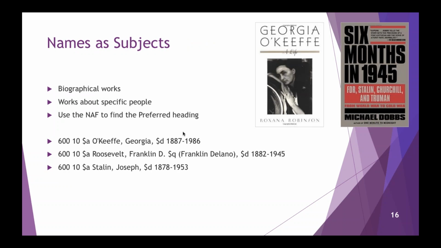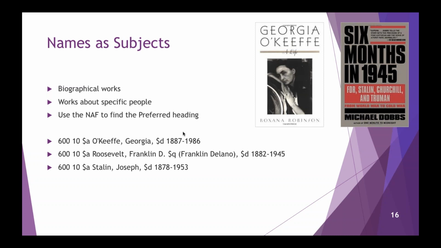So let's talk a little bit about names as subjects. So when we use a name as a subject, we've usually got a biographical work. It's not always the case. There are times where you may have a work that is about a person, but it's not necessarily wholly biographical. It may be about specific people in some way.